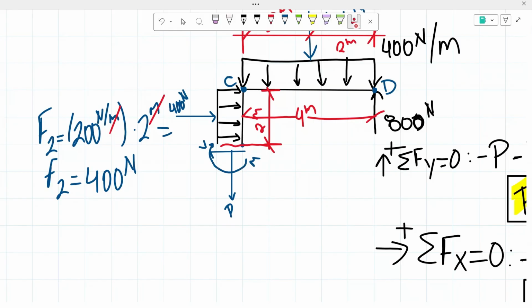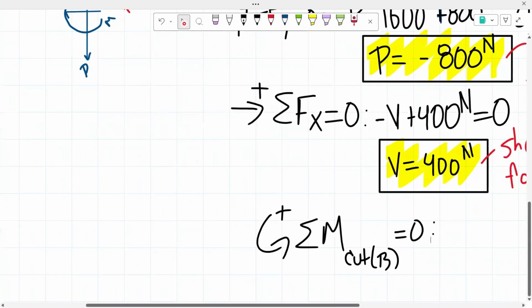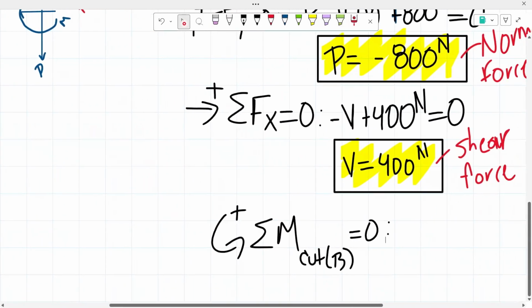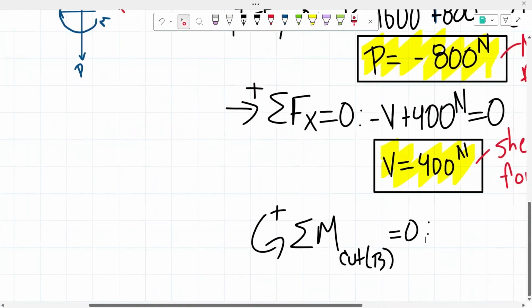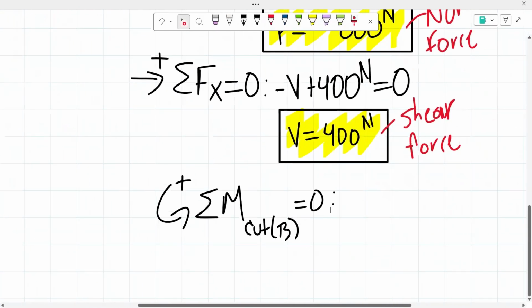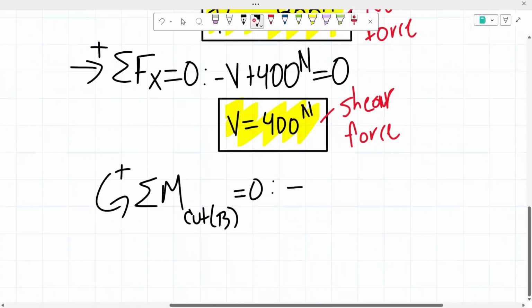So here we have our moment going, for us, clockwise. So that is a negative moment.